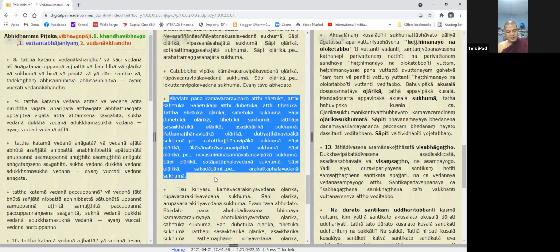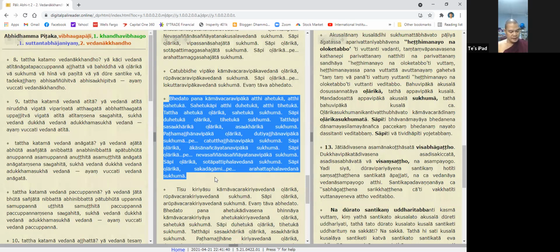Ahetuka Kamajara Vibhaṅga, how many do we have? 70. Ahetuka Kamajara Vibhaṅga, 70. Sahetuka Kamajara Vibhaṅga, you have 8. So compare Ahetuka to Sahetuka Kamajara Vibhaṅga.